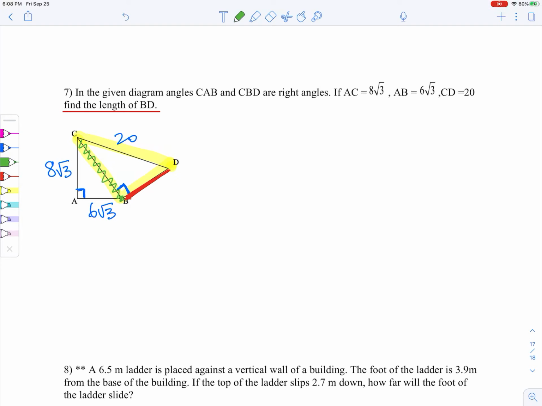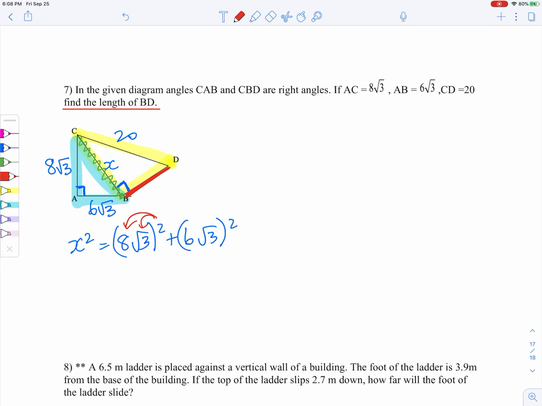And we can find that green squiggly side because we can look at the triangle I've just colored blue now. If I call this X, let's call that X. So X squared is going to equal 8 root 3 squared plus 6 root 3 squared.